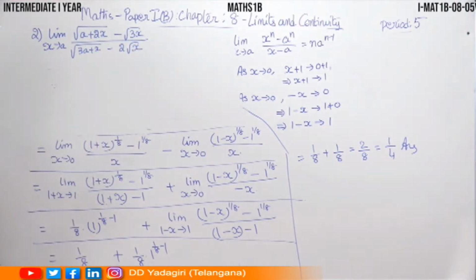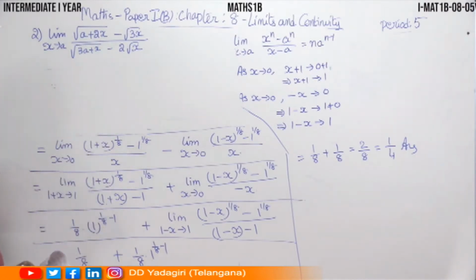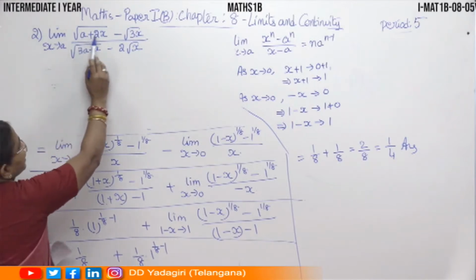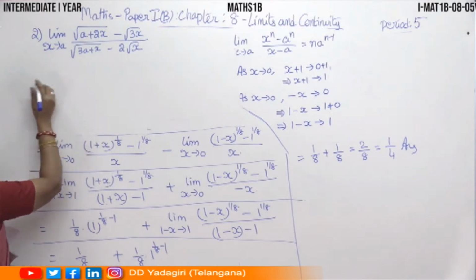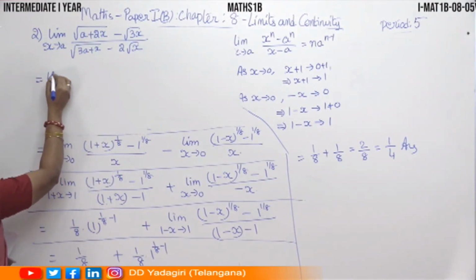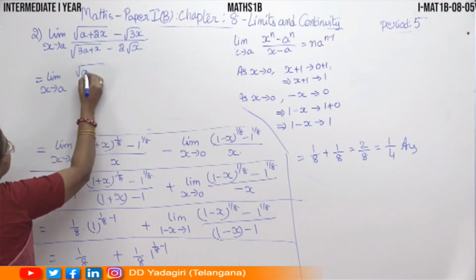Here both numerator and denominator have irrational numbers. So when you substitute a, this again becomes 0 by 0 form. So what you have to do is, you must rationalize numerator and also the denominator. Both numerator and denominator should be rationalized. Then it is easy to simplify.